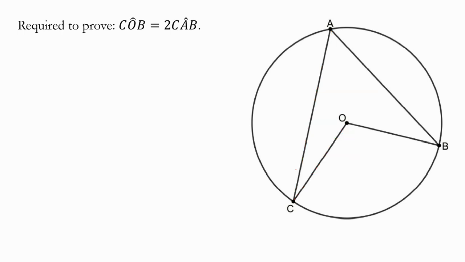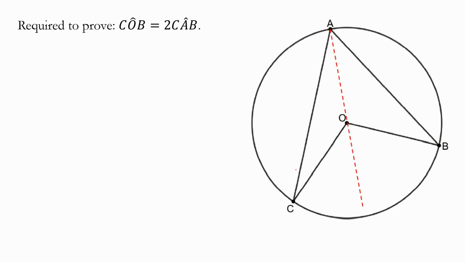Okay? Right. So remember, every proof of a theorem involves construction. You have to know what you have to construct. So now we're going to construct a line from A that we're going to pass through the center O. That's the construction if you're proving this theorem, that the angle at the center is 2 times the angle at the circumference.